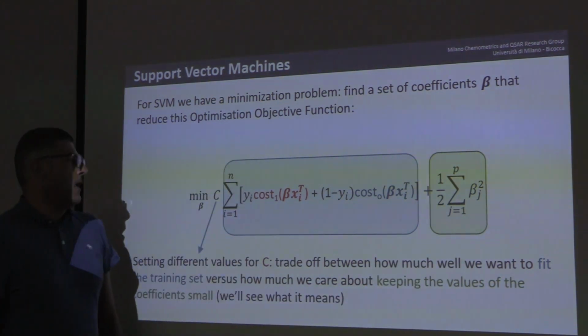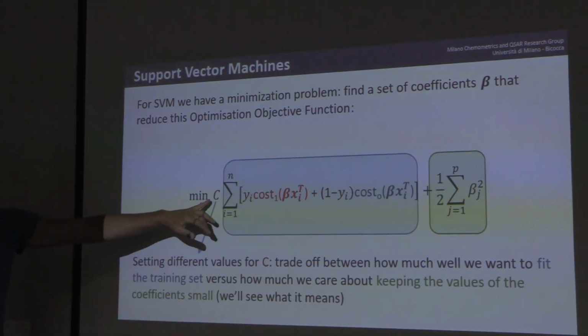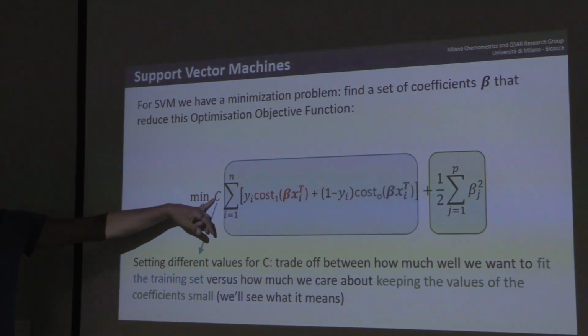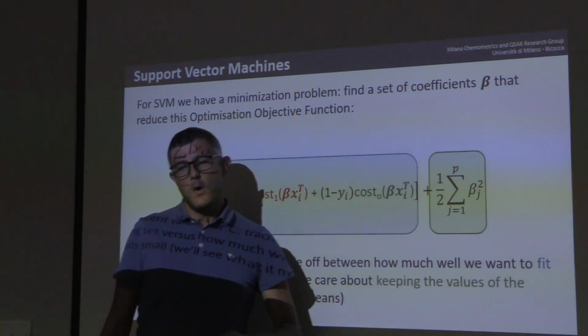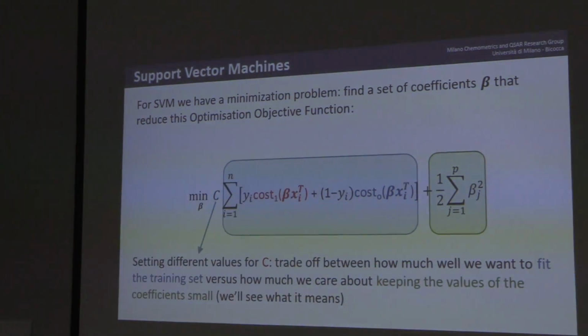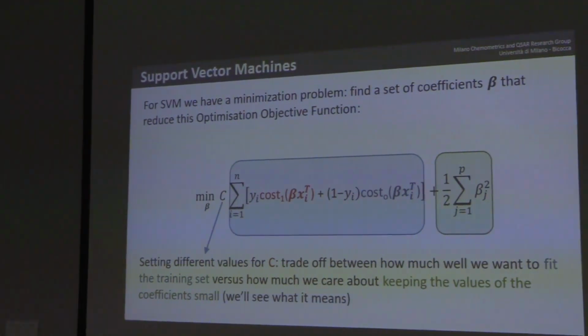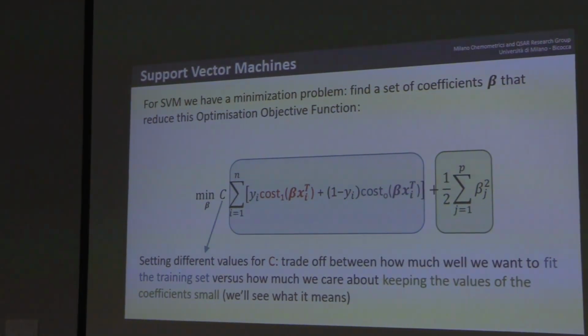So tuning this parameter changes the way we weight these two parts, and we will see again what the effect is on a support vector machine model.